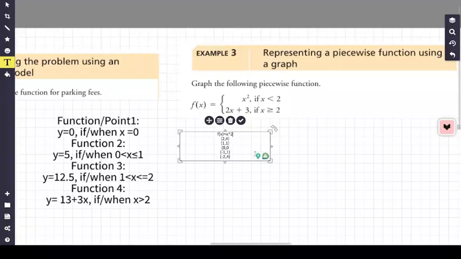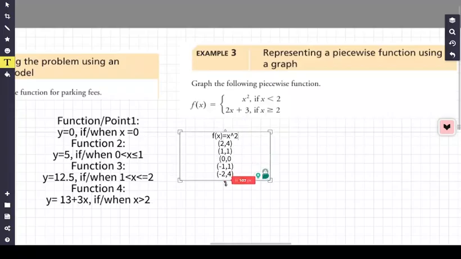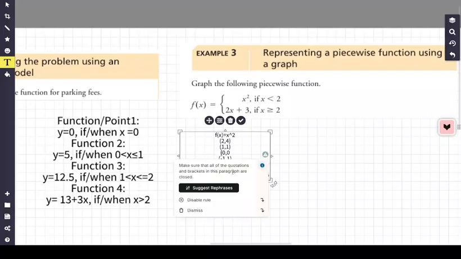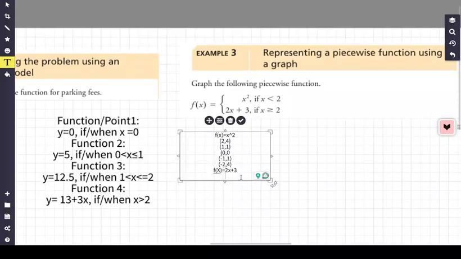And then we'll have our second function being a linear function, f of x equals 2x plus 3. So now we want to start at 2 but instead of going to the negatives, we want to go to the positives. We're going to go up. So we'll have 2, 7.